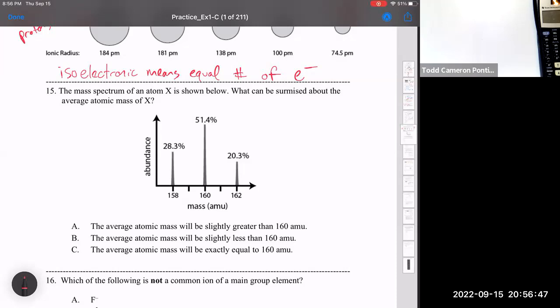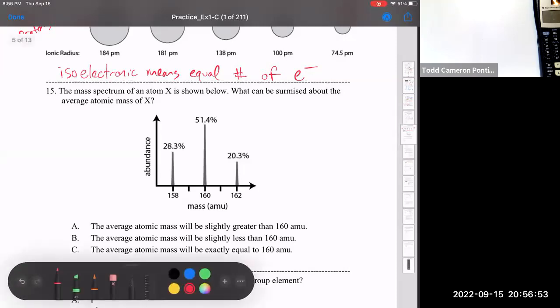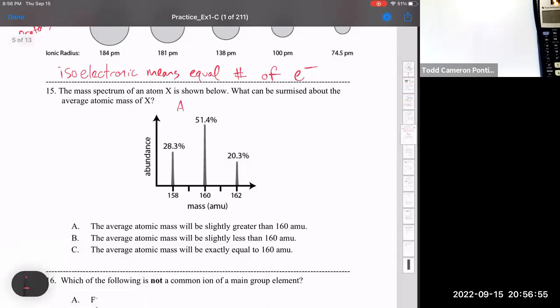To show the calculation, though, atomic weight is equal to the sum of the mass of the isotope times the isotope abundance.